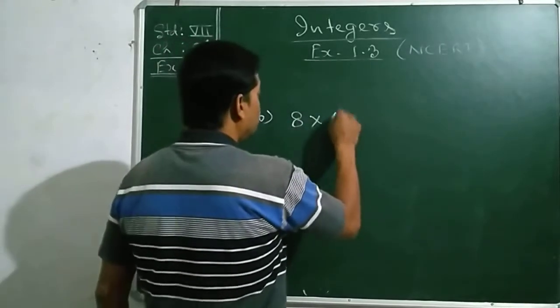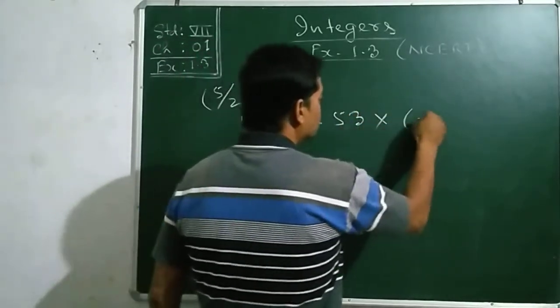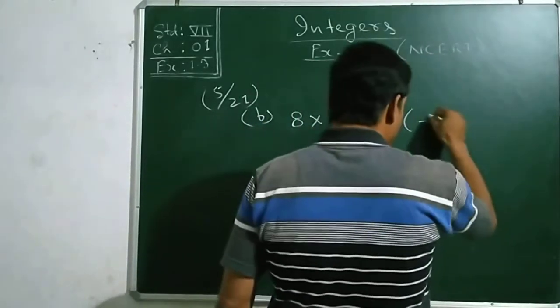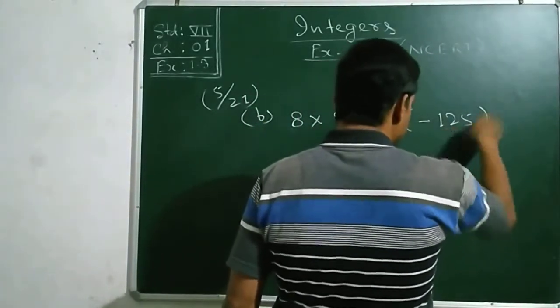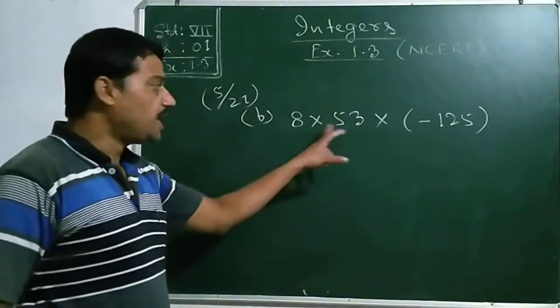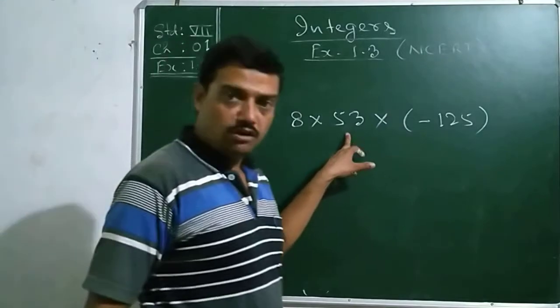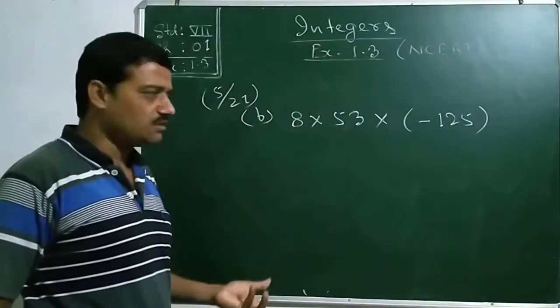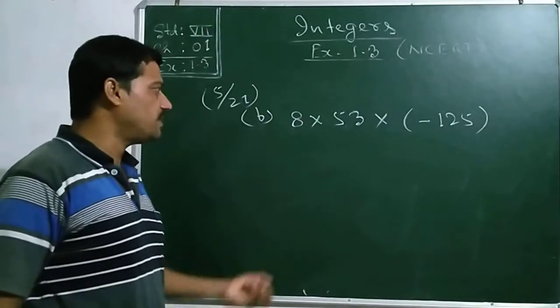In the B number, 8 into 53 into minus 125. If you go to multiply 8 and 53, it will take longer, and time-consuming work is not required in maths.